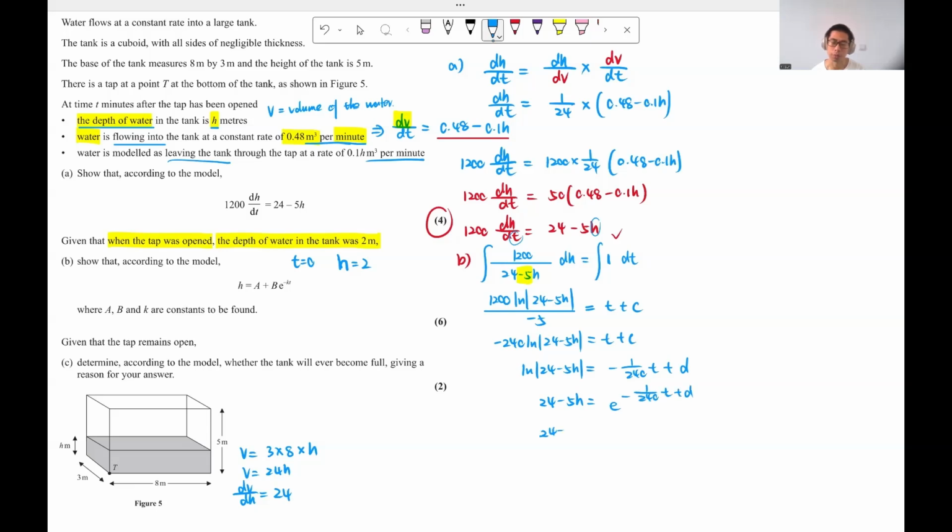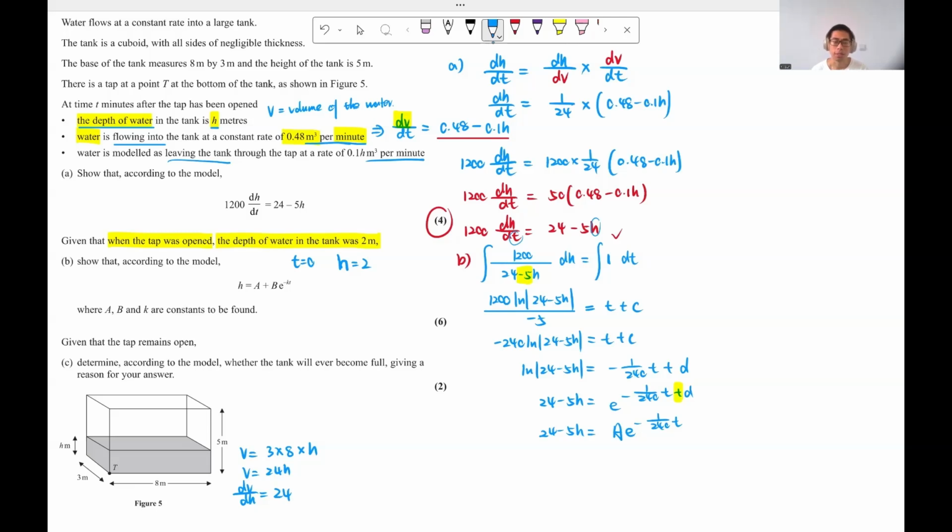So 24 minus 5h equal to e to the power of negative 1 over 240t times e to the power of d, because it's a sum on top. Using the indices rule, it will be e to the power of negative 1 over 240t times e to the power of d. And then, like always, we change e to the power d into some other constant. Let's use capital A to represent it.